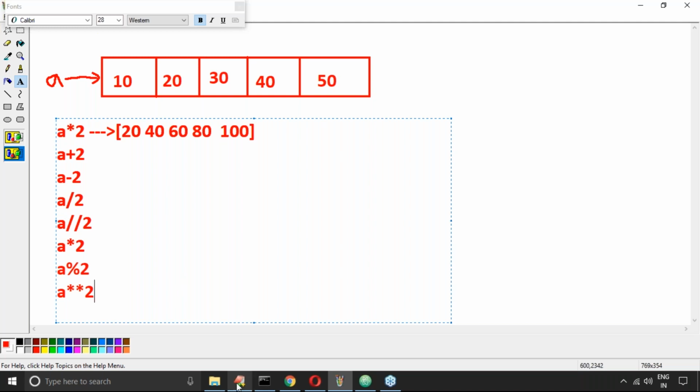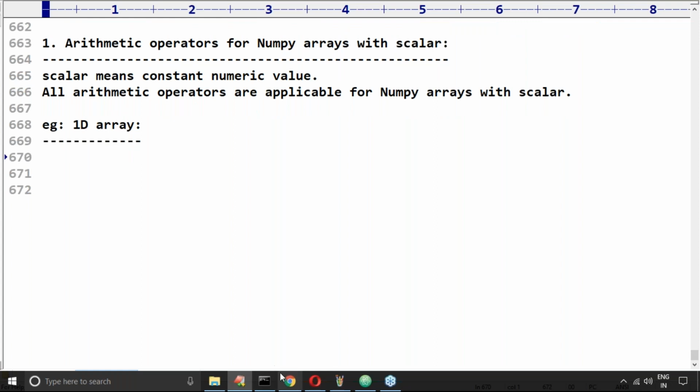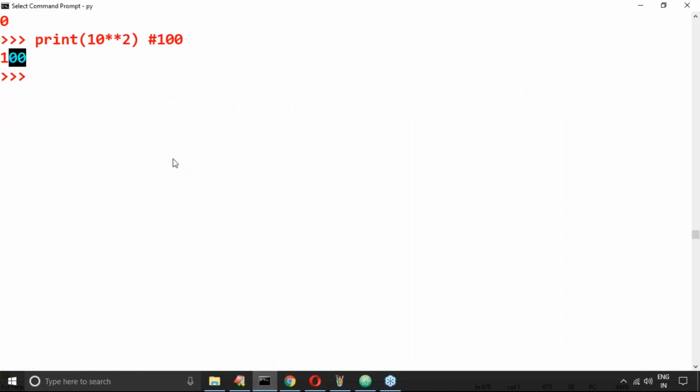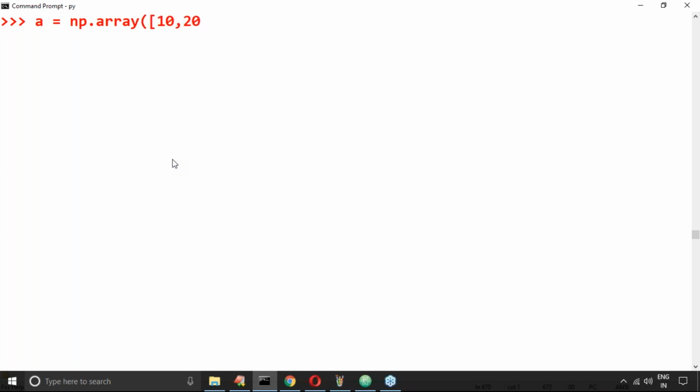One minute, let me take this example directly here. a is equal to np.array, 10, 20, 30, 40, 50. This is the NumPy array I have.